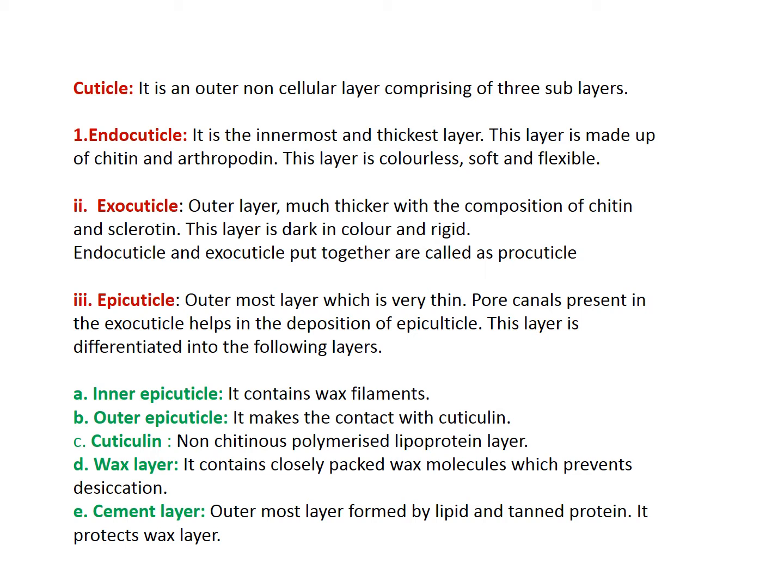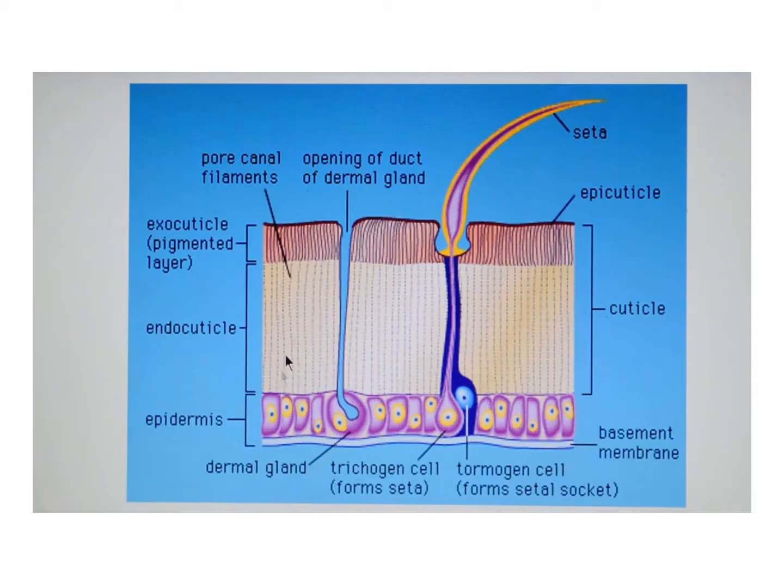The outer epicuticle makes contact with the cuticulin, which is a non-chitinous polymerized lipoprotein layer, not having any chitin. The next is the wax layer. It contains closely packed wax molecules and prevents desiccation. Then the cement layer, the outermost layer, formed by lipid and tanned proteins. It protects the wax layer.